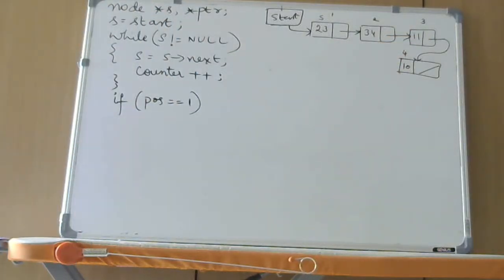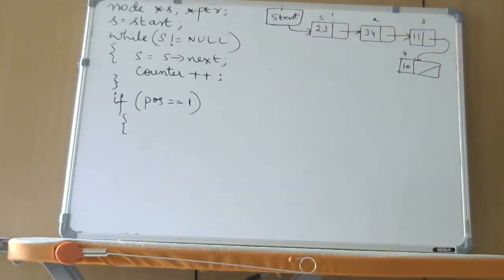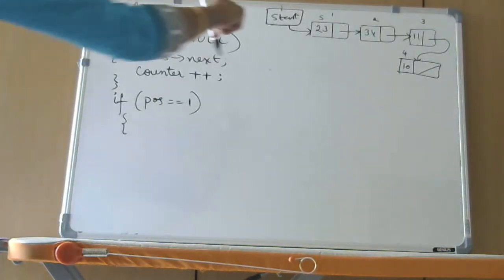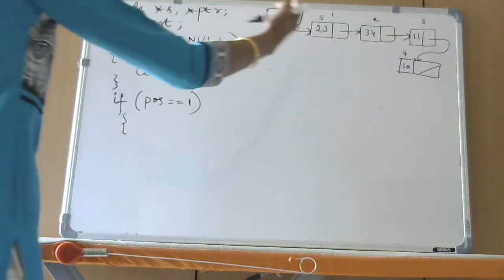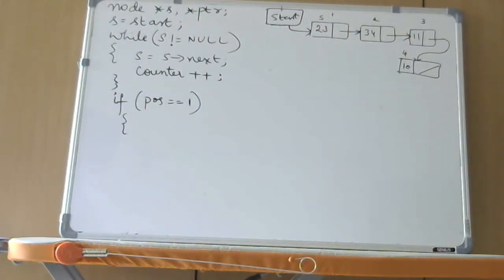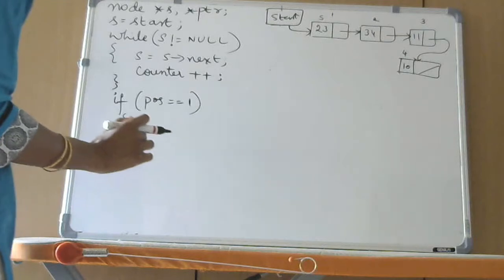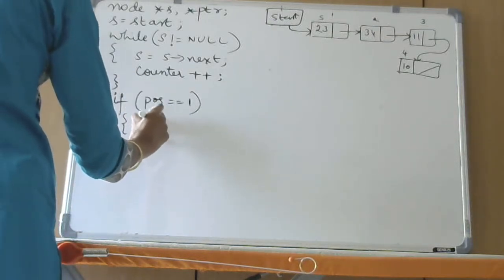Correct? Now, if position is 1, before I do this, I should also check. My linked list could be like this, wherein I will put it before this, or it could be empty. I don't have any nodes at all. In that case, whatever I am entering will be the first node. So I should check for that also.